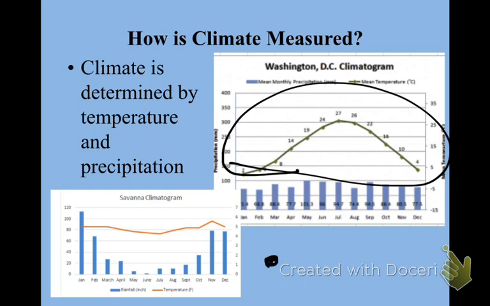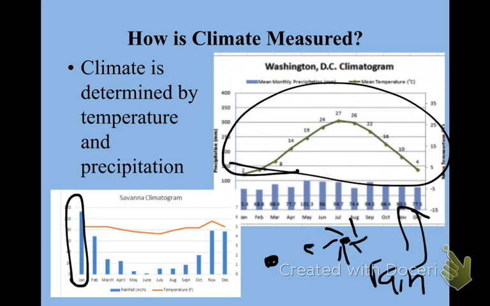I usually think of the little dots that make up a line graph as little sunshines. The bar graph represents the rain or precipitation. I think of it like you can fill up a column of water. So the column is the water, and the line graph is your temperature.